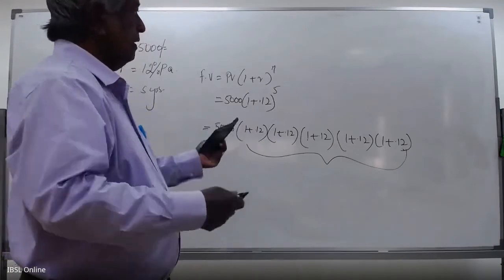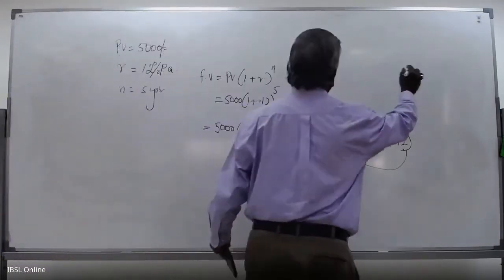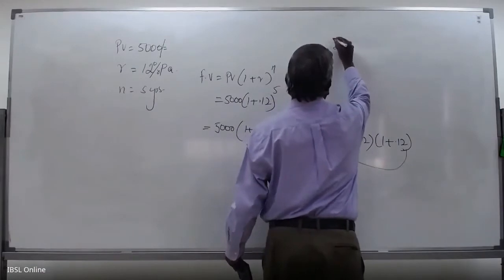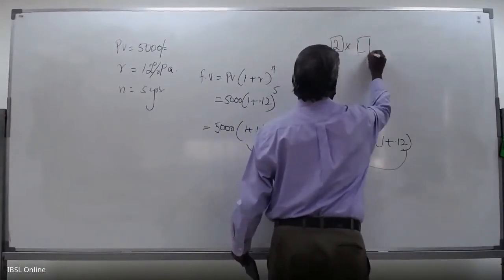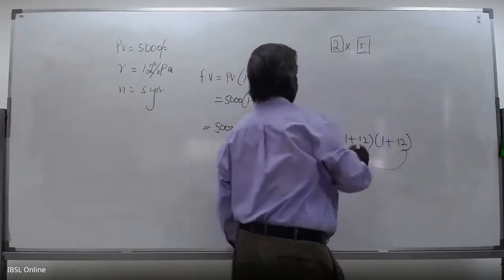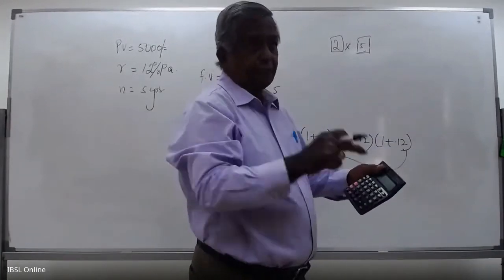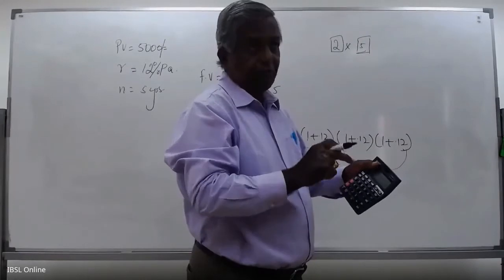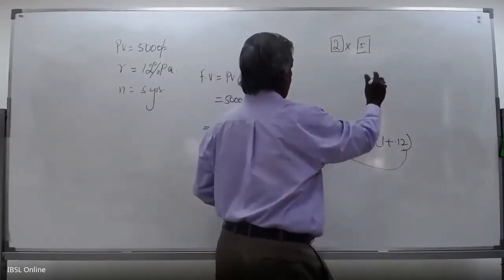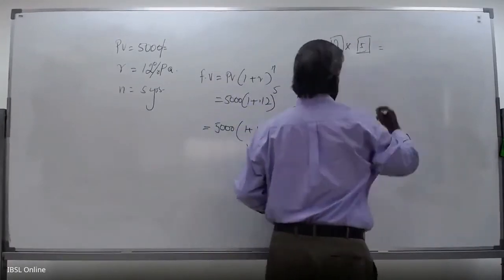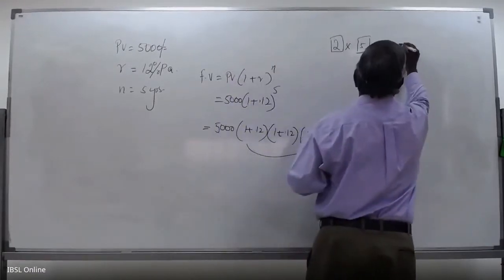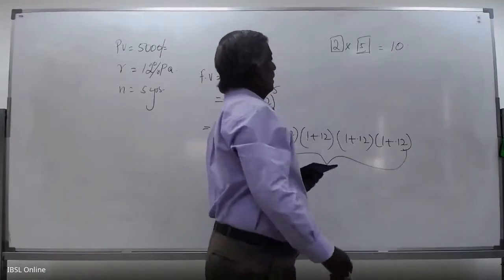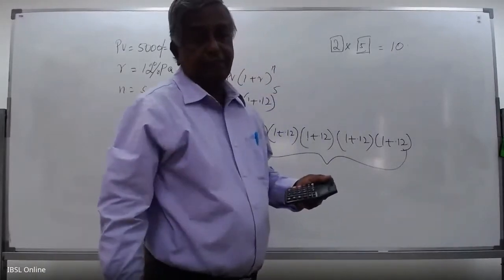Right. Now, put 2, then the multiply sign, then 5, and then the equal sign. You will get 10.